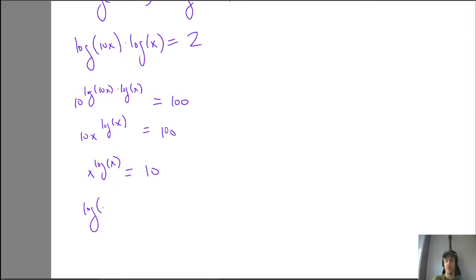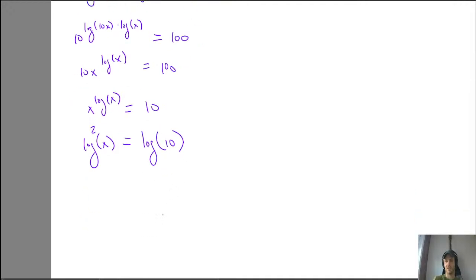Log x squared equals log 10. Okay, does that make sense right there?